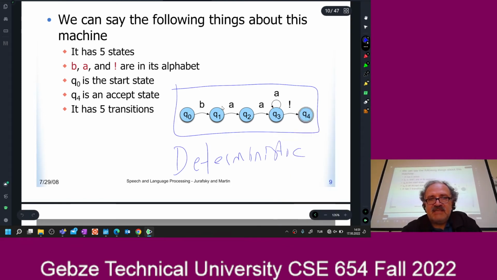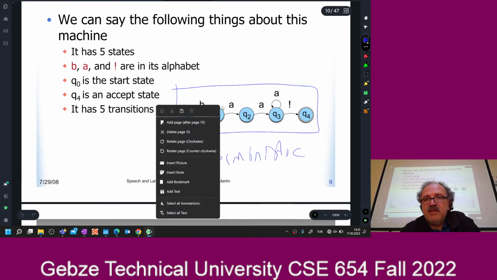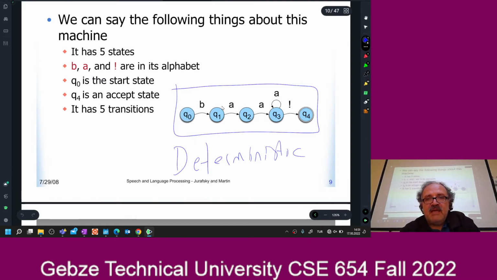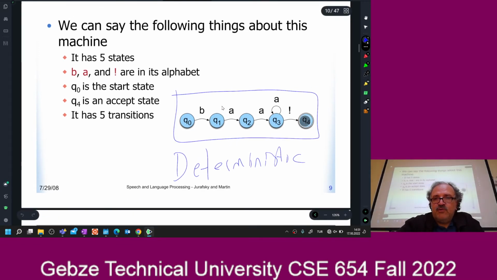And this is my start state, and these are my transition rules. If I am in state Q0 and I observe a B, then I transition to Q1. Then if I observe an A, then it goes like that. And at the end, if I am in Q4, then I accept the string.